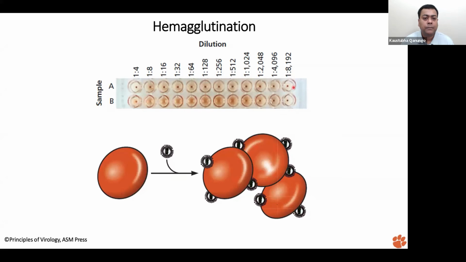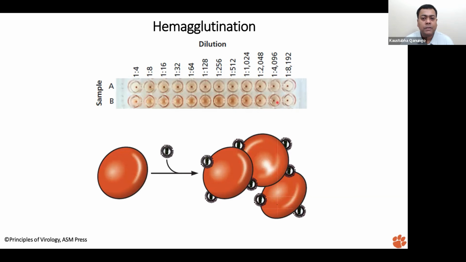But the second, which is the lane B or row B, you can see that, and I will come to this later, 1:4. But in these dilutions right here, pretty much we are not seeing any of these buttons, but we start seeing buttons at 1:1024, 2048, 4096, 8192.